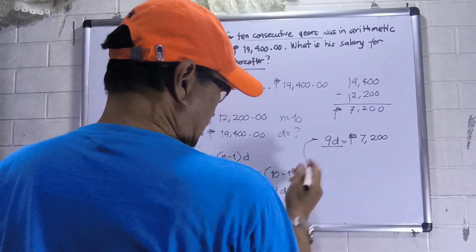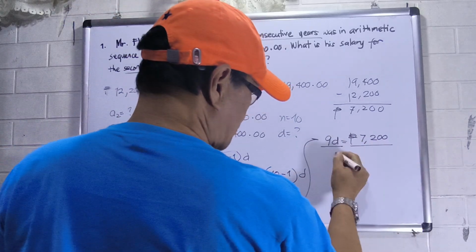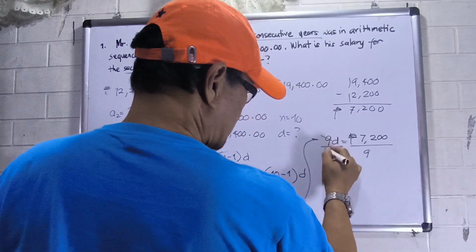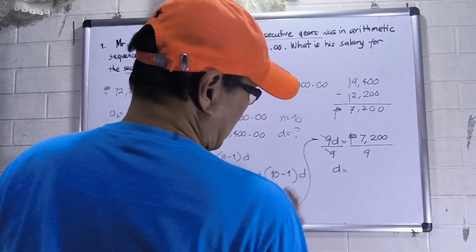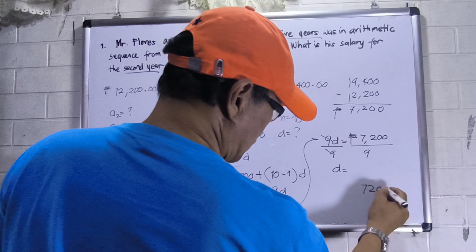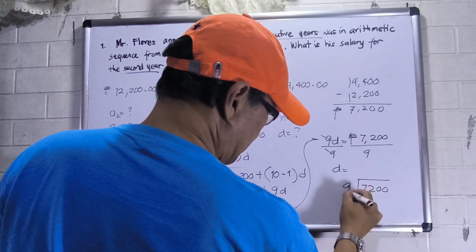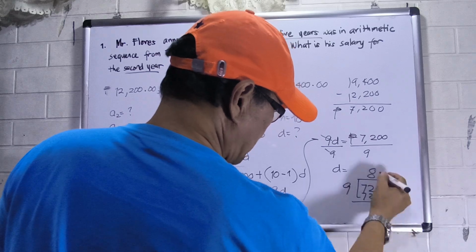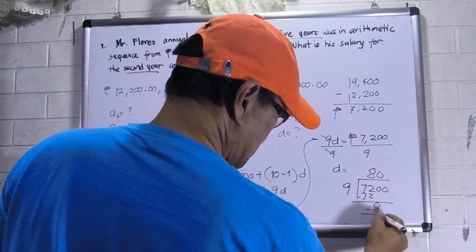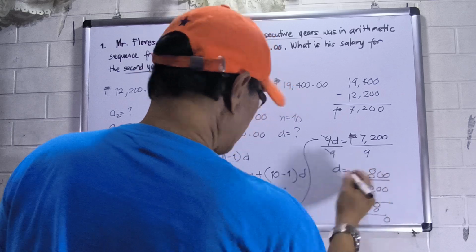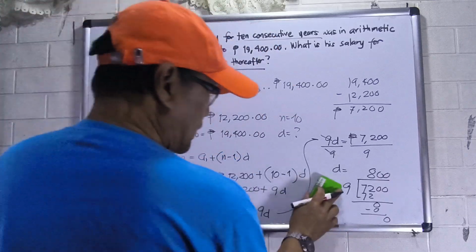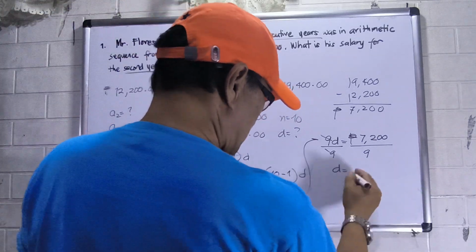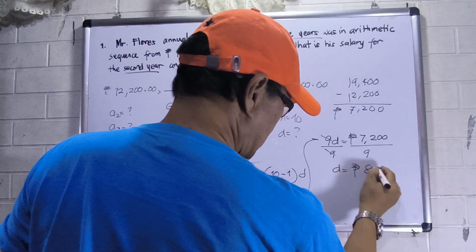To solve the common difference, divide both sides by 9. Cross out 9. D equals 7,200 divided by 9. So we come up with 800 pesos. The common difference is 800 pesos.